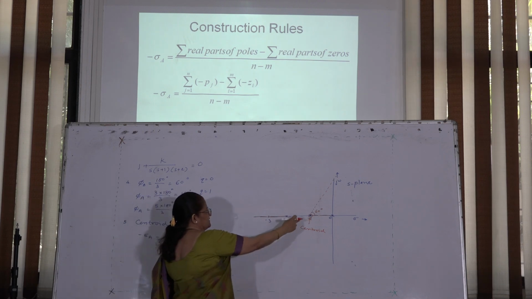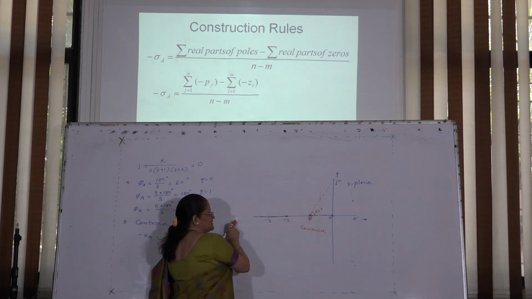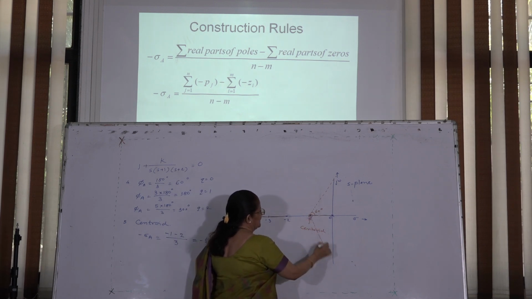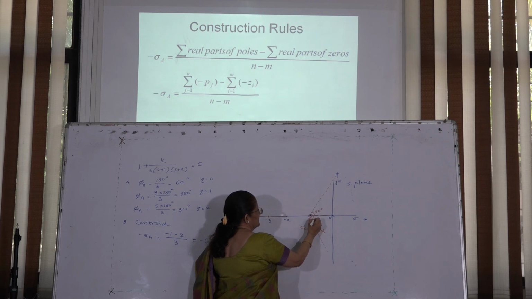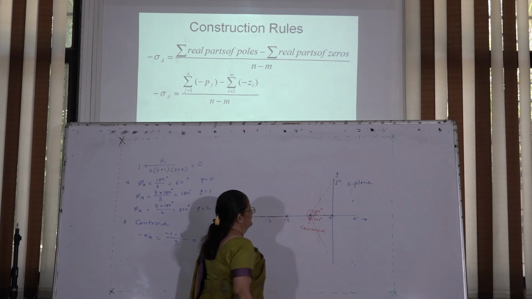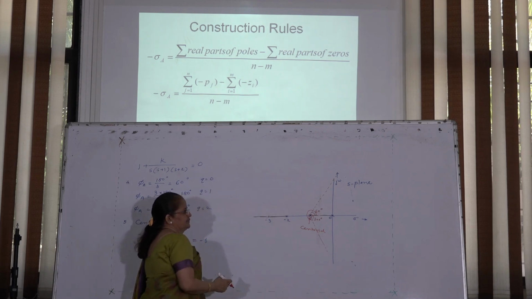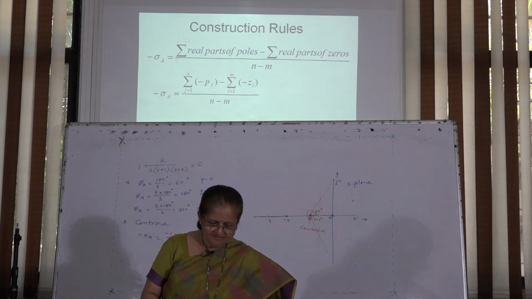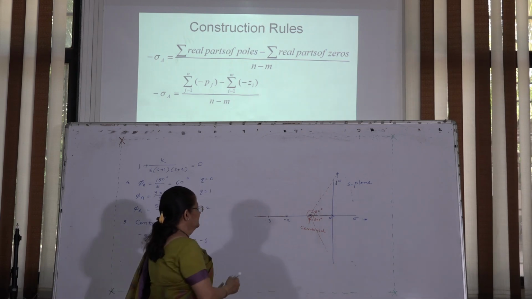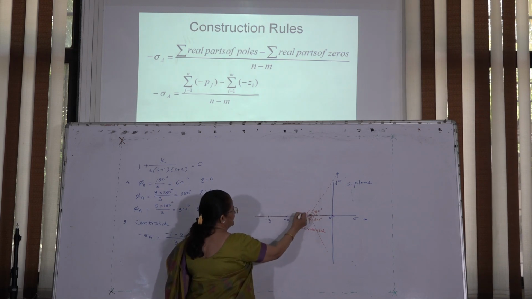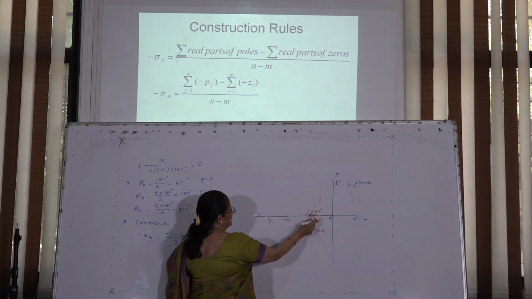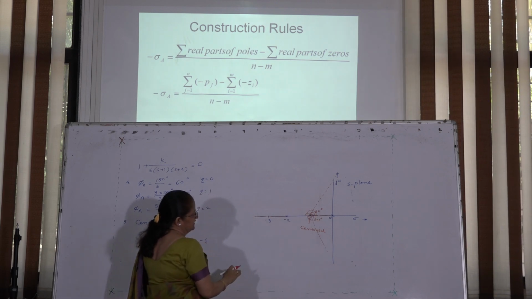The second asymptote is at 180 degrees, that is the axis, and the third asymptote is at 300 or minus 60 degrees. So, you got the asymptotes like this: 60 degrees, 180 degrees and 300 degrees.